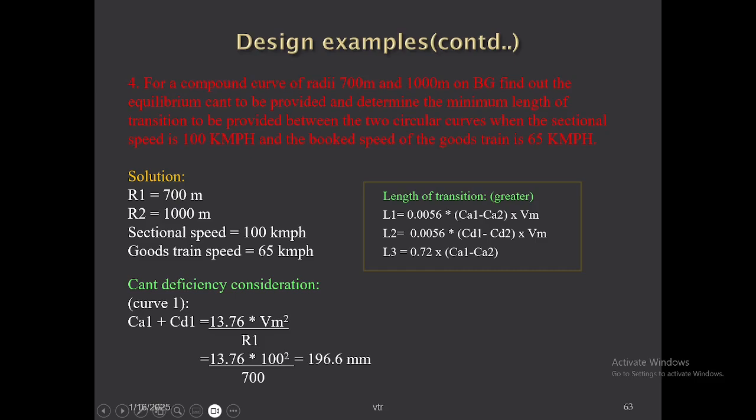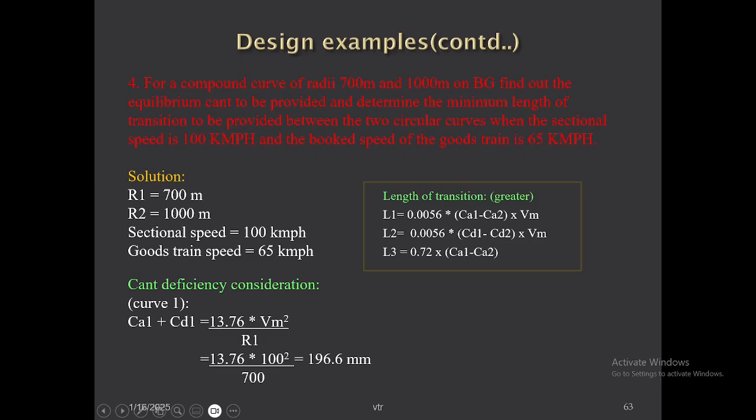As usual, we first form the equation for curve number 1 based on the cant deficiency consideration, that is, the equilibrium cant. In this case we have to take the high speed train speed of 100 kmph.